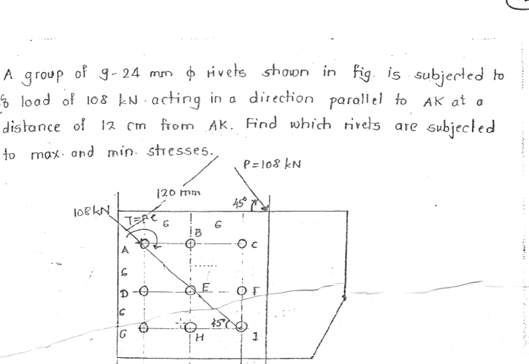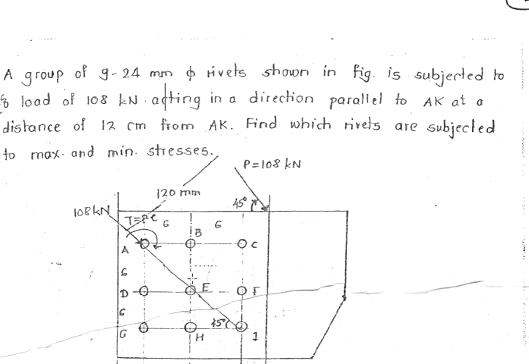Here we can see that the load is being applied at a location which is far from the centroid of the system. This rivet system or bolt system has a centroid here at E. All the rivets or bolts are identical, so the centroid is on the centroid of the geometry.